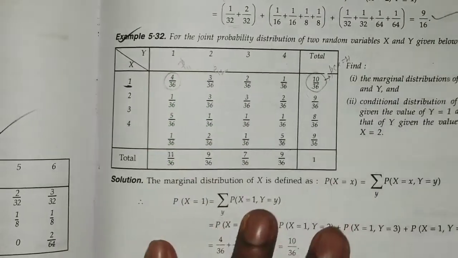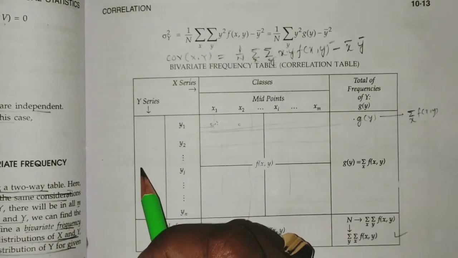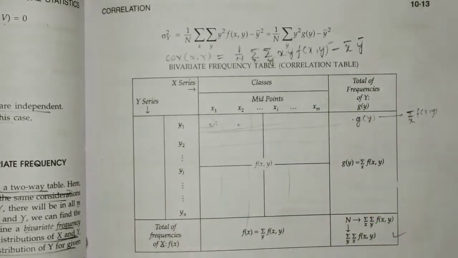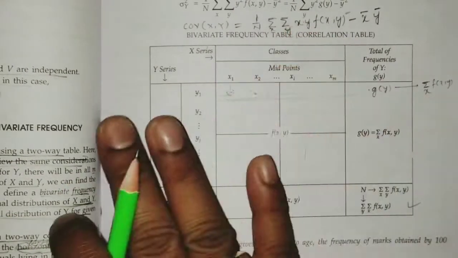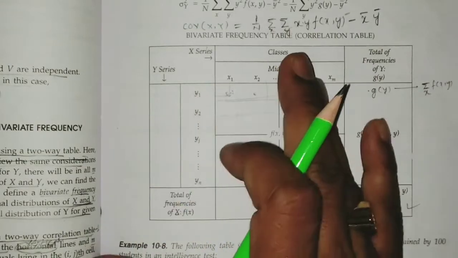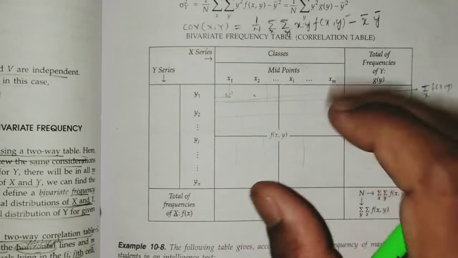But here in this table x values are taken horizontally and y values vertically. So do not be confused, it is just a simple modification; the approach and the process will be the same.